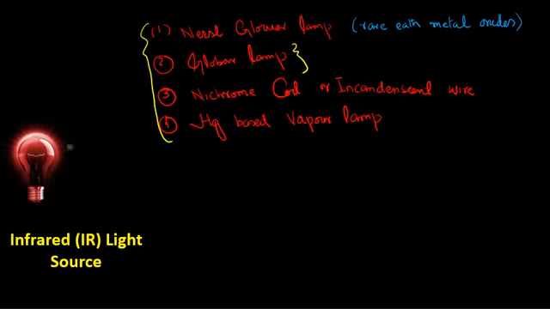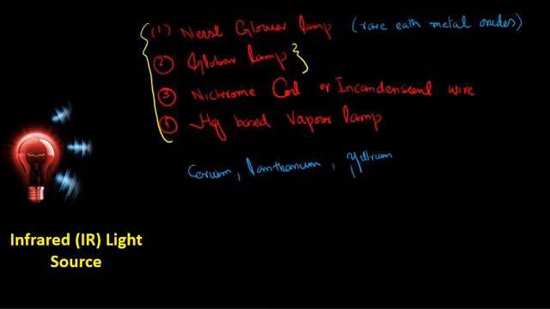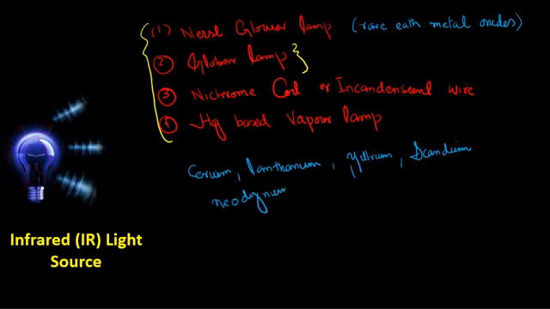Most commonly, the rare earth metal oxides of which the Nernst lamp is made are cerium, lanthanum, yttrium, scandium, neodymium, gadolinium, etc.